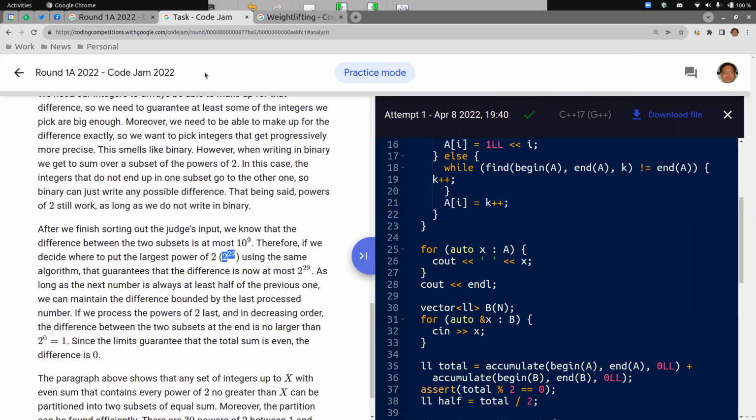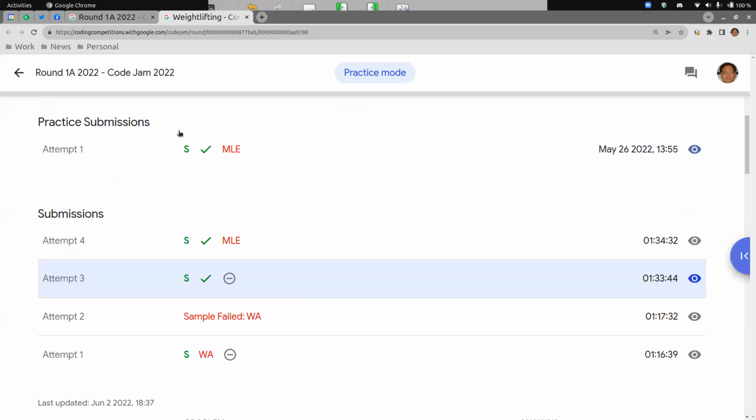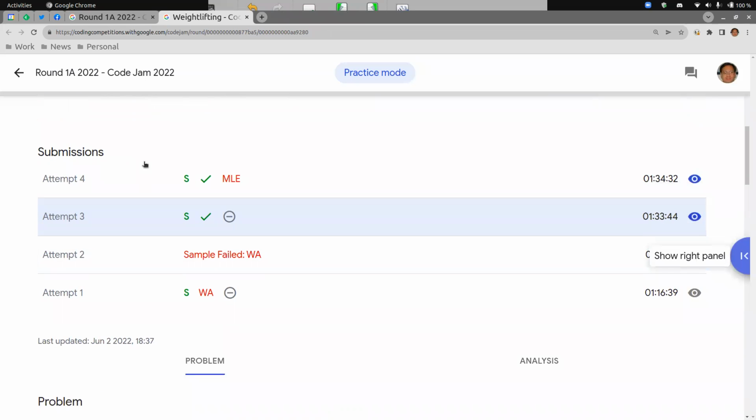Let's look at the last one. I don't know how much we will say about the last one. I solved the really small sample case. I actually failed on test case 1. Then I passed the visible test, and then the hidden test was memory limit exceeded.